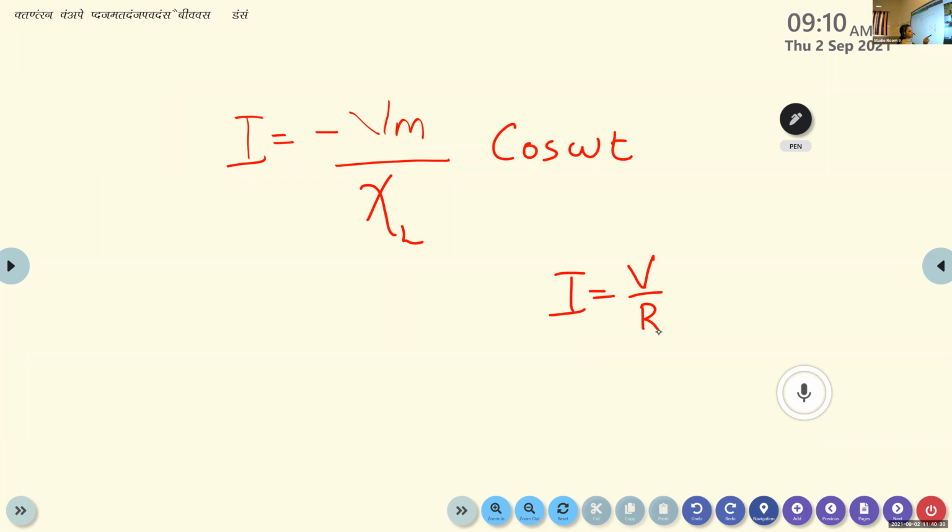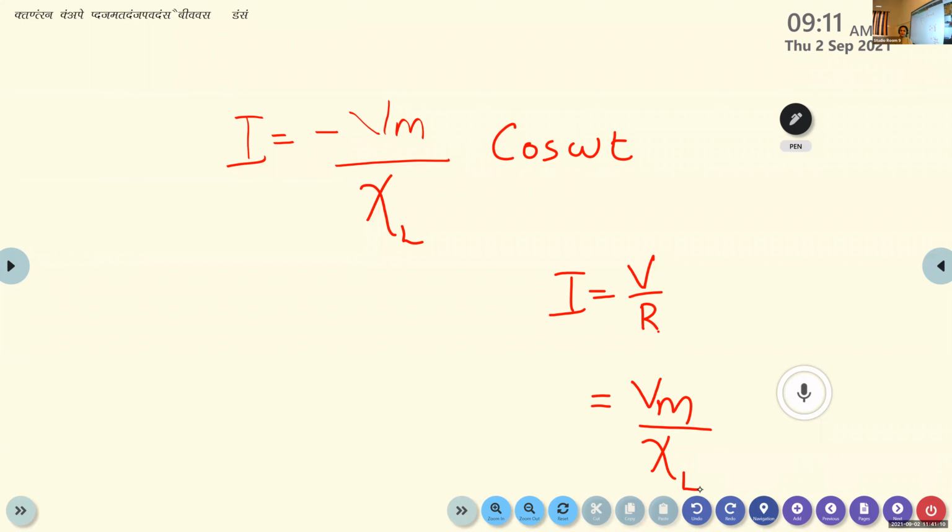So here I is equal to V by R, and here this XL is known as the inductive reactance, which has the same function as that of the resistor. We know that a resistor opposes the flow of current. So in the case of an inductor, instead of the resistor R, we have another term XL, the inductive reactance, that resists the flow of current through the inductor. So here we get Vm divided by XL.